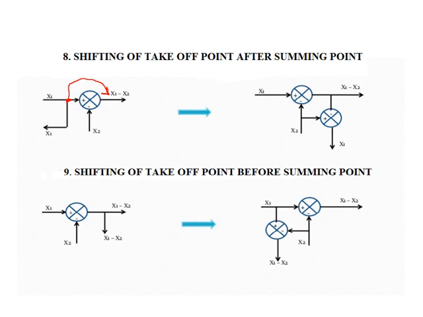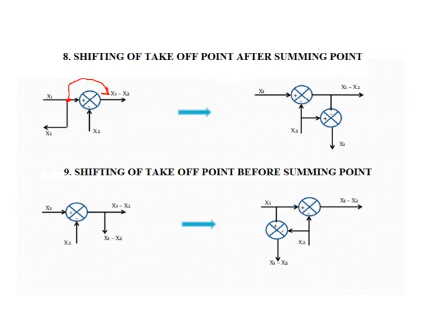So when we want to shift a takeoff point after a summing point or a summing point before a takeoff point and vice versa, you can check here, we have added an extra summing point, and in rule number 9 also we have added a summing point.